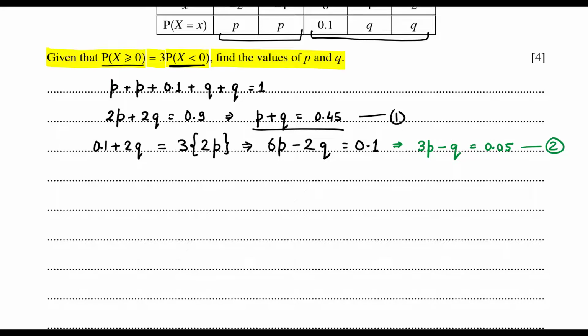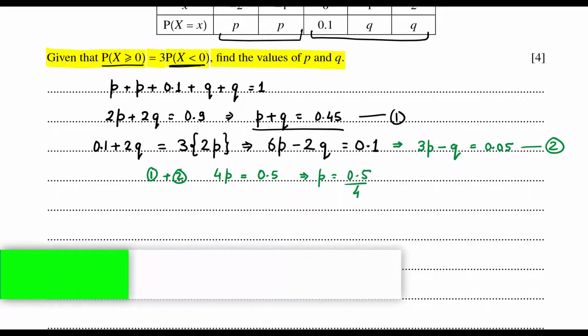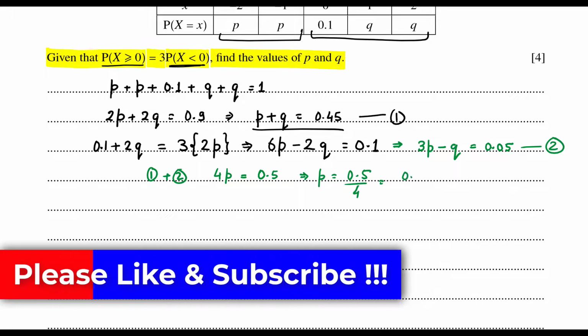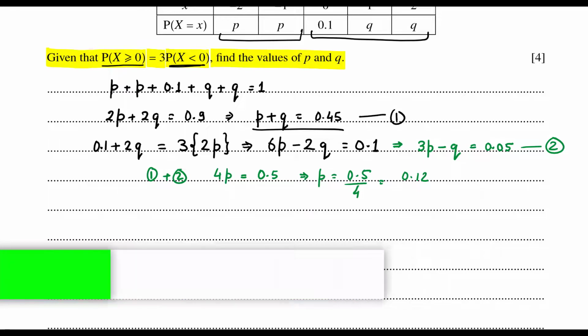We can simply add them together. So adding 1 and 2 we'll get 4p equals, right hand side is going to be 0.45 plus 0.05, which is simply 0.5. Means p value is 0.5 upon 4, which is 0.125.